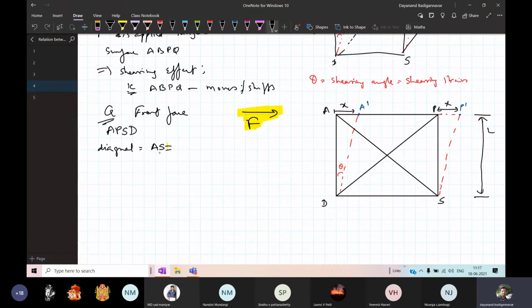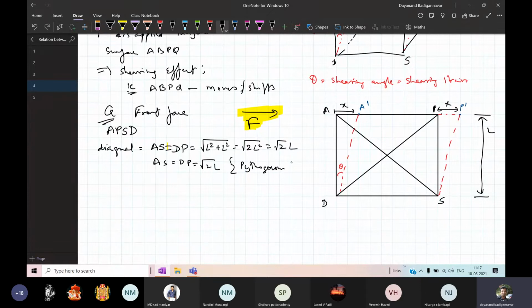AS is equal to DP is the diagonal. The length is the root of L square plus L square, which is root of 2L square, that is root 2 times L. So the diagonal AS equal to DP is equal to root 2 L. This is from the Pythagoras theorem.